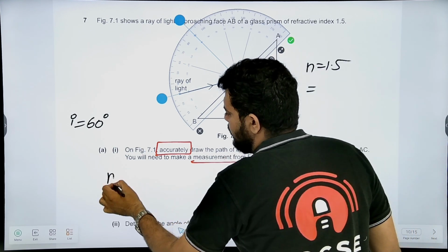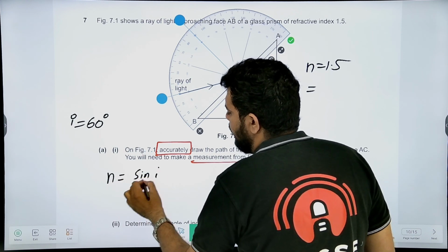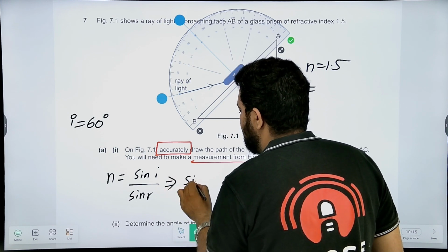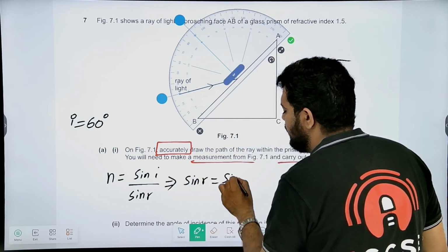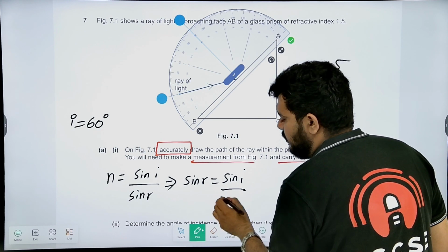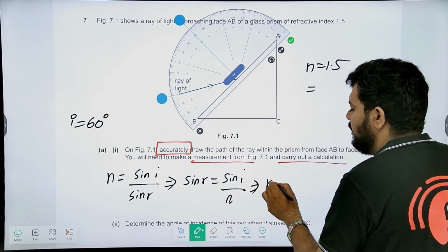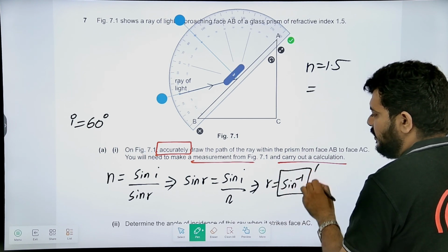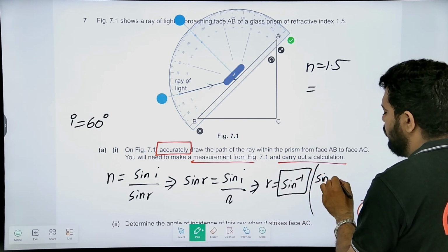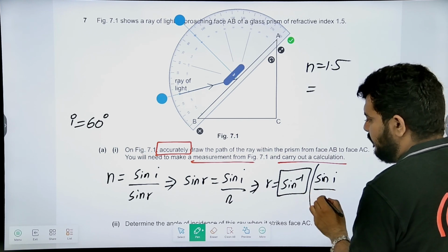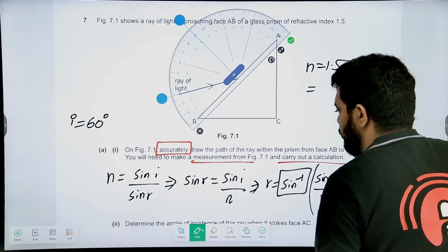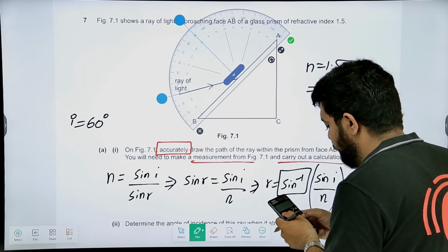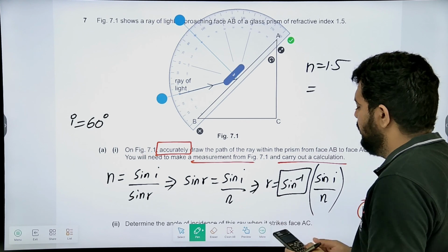So we have n is equal to sine i upon sine r, which can be written as sine r is equal to sine i upon n, and r is equal to sine inverse. You'll find this mathematical function on your calculator, right? Sine inverse of sine i upon n. So let me quickly do that. You can press shift and then sine, it will give you sine inverse.